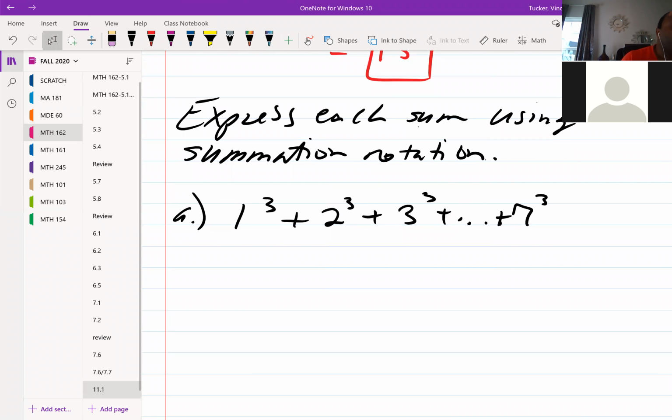So we notice what is changing here is the base. We got 1, 2, 3, and we assume it's going to 4, 5, 6, 7. But the exponent is staying the same. So what we can do is start off with our summation. And if we let i be our variable, let 3 just be the exponent that's going to stay stationary, then i is going to start at 1 and then end at 7.